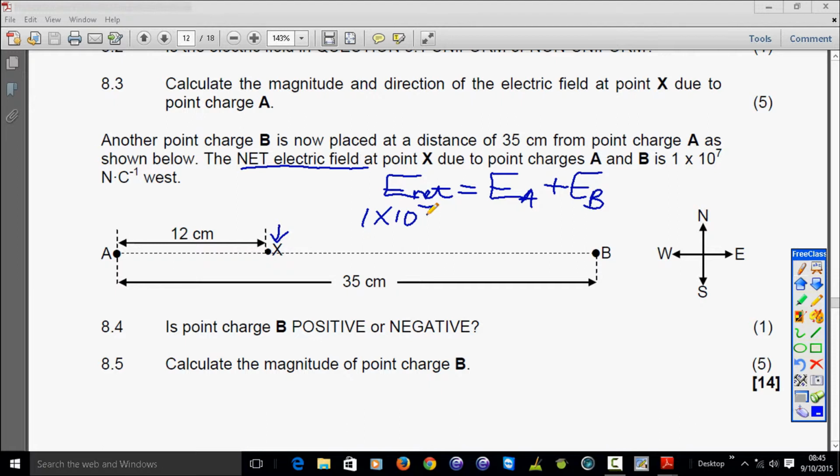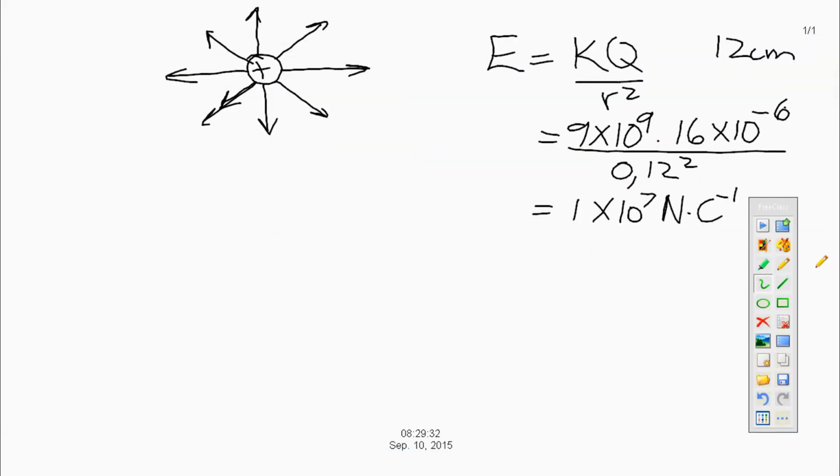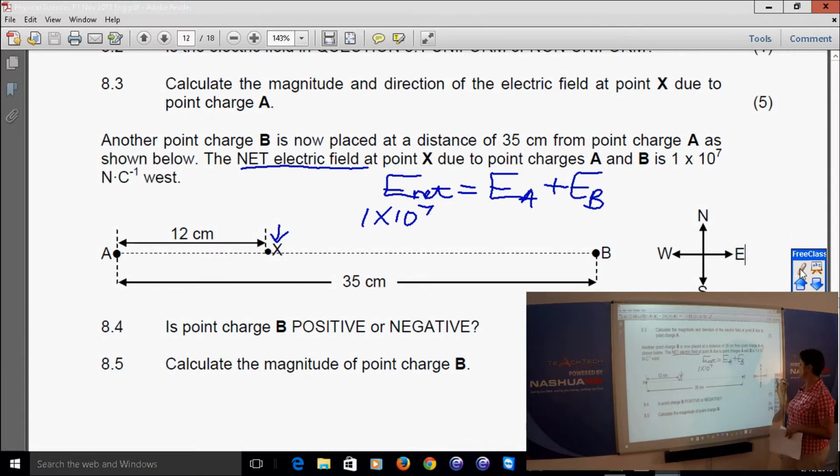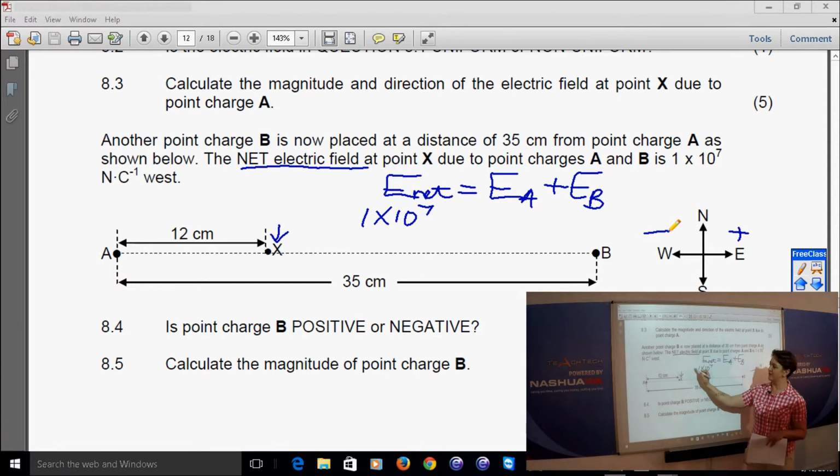So if we look at our previous answer, this one is to the east. Right? And we have it as positive. So we take east as positive and west as negative. So this value that we are going to substitute in there has to be negative. Right. And then we already have this value.